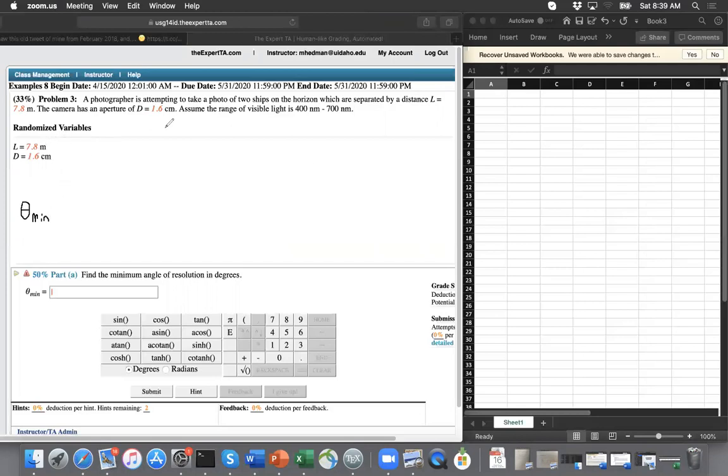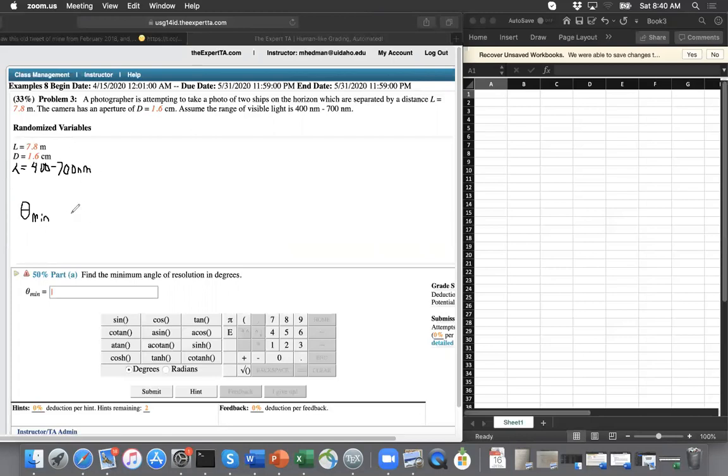Well, we know L and D, those are highlighted, but we also know the range of wavelengths we're looking at, but we're not given a single number, which is a little annoying, but is reasonable actually, because lots of times we want to take color pictures, which have a range of wavelengths. So we know lambda runs from 400 to 700 nanometers. Fine. That's another thing we actually know, and you might not notice that the first time.